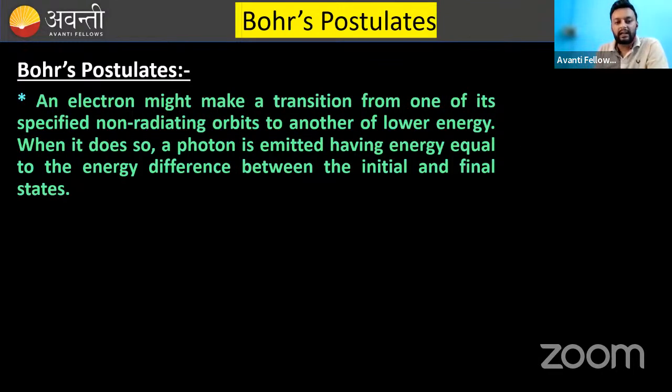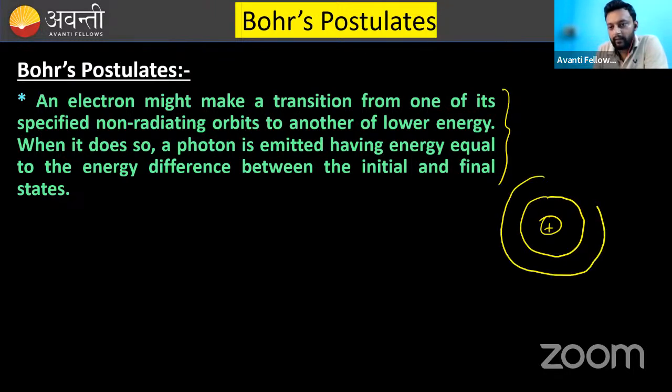Now, this is the next important thing. An electron might make a transition. You can read it out; I will explain it. Let's suppose this is a nucleus around which electrons are revolving in these orbits. The thing is, in each of the orbits it has some energy, E1, E2. Similarly, the third orbit will have some energy, E3. That means in each orbit, the electron has some energy. We can calculate that energy for the hydrogen atom later.